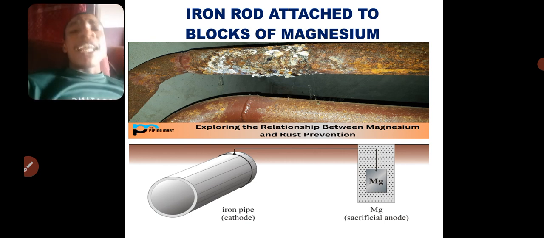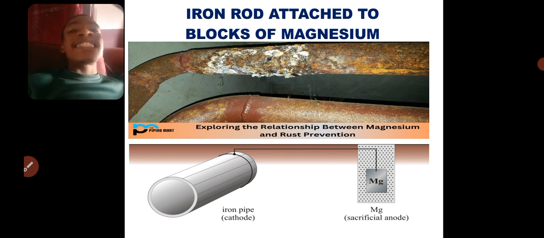How do you protect this iron pipe from rusting? Because if any part of the iron pipe becomes rusted and starts leaking, what will happen is that petroleum will start leaking out, and there will be wastage of resources.